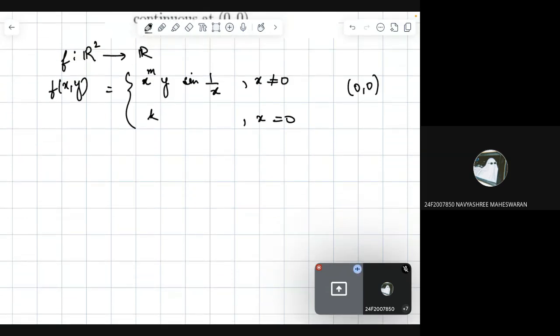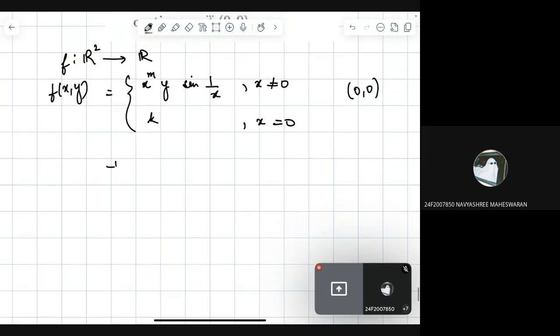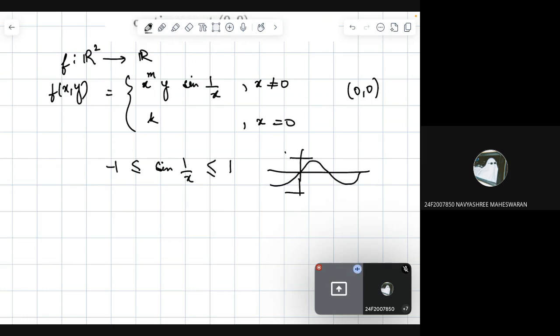So notice that sine 1 by x is a bounded function. Why do we say that? Because we have seen the graph of sine is like this, right? The value is always between 1 and minus 1.